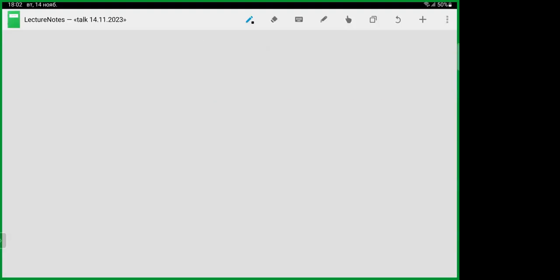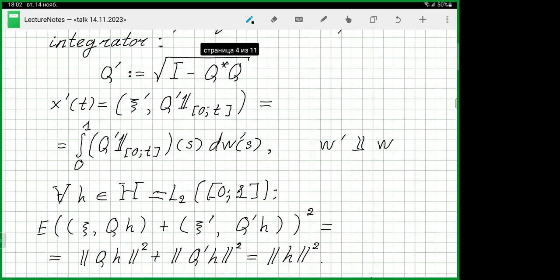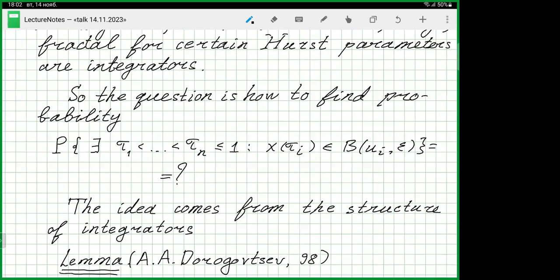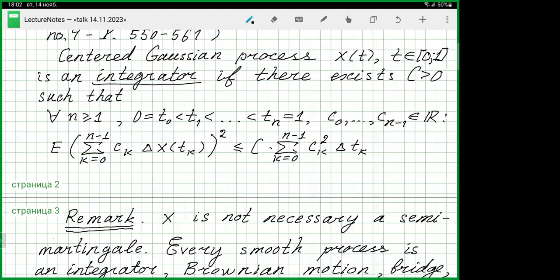But if you would forget about the Gaussian property, would the statement be correct that there exists an operator Q such that Q of the indicator is measurable with respect to the sigma algebra generated by Brownian motion?